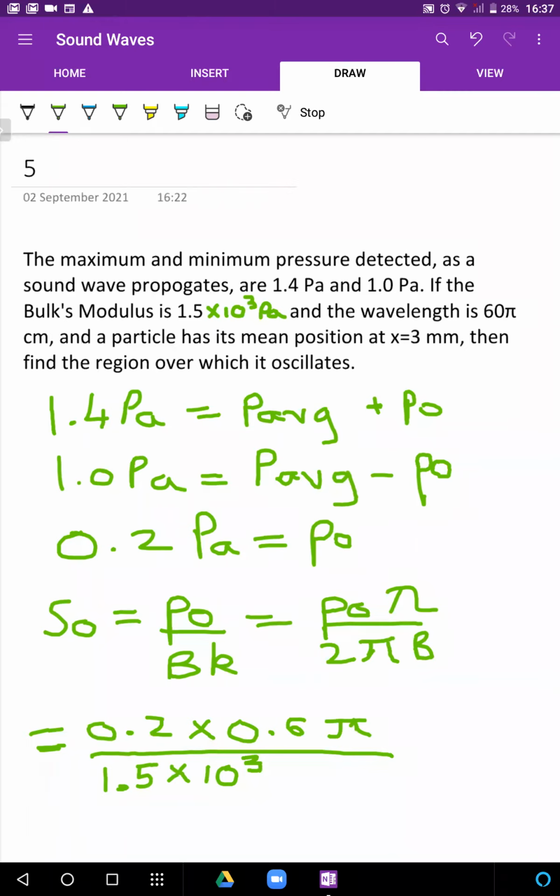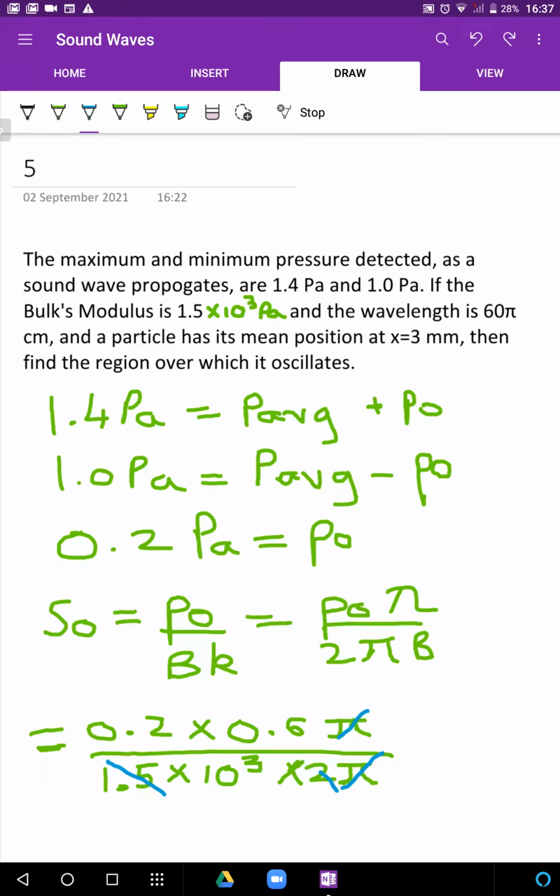And what is the second one? 2 pi, right? So into 2 into pi. From here you'll get your answer. Pi will cancel. 2 into 1.5 is 3. That makes this 3, and that makes this 0.2.